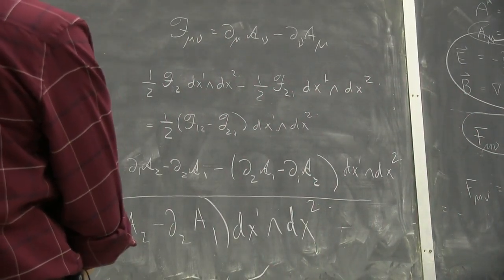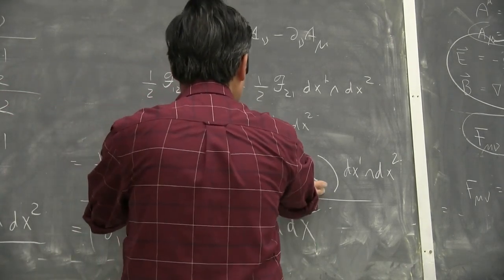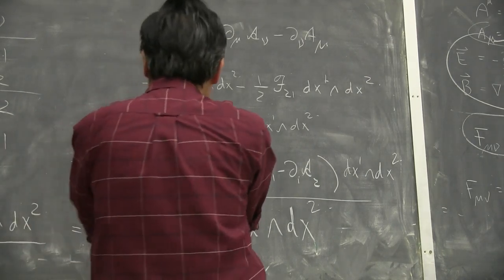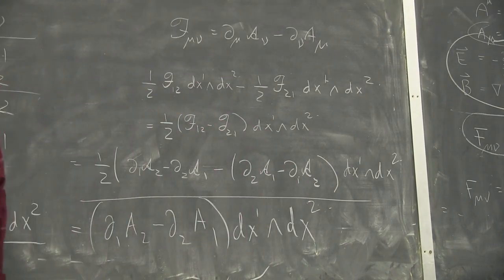Okay, now do you see it? Half d1 a2 plus half d1 a2 gives you 1 d1 a2. Minus half d2 a1, minus half d2 a1 gives you minus d2 a1. So they're equal to each other.